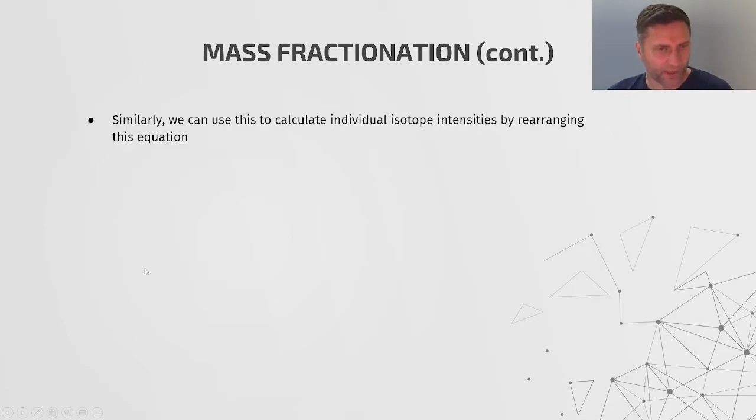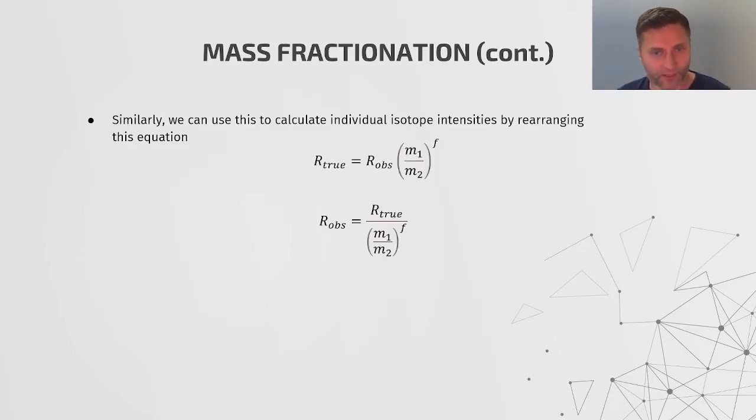Similarly, we can use this fractionation value that's calculated based on our reference materials and known ratios to calculate the interference of one isotope on another, taking into account mass fractionation. So again, looking at that equation, we can rearrange it so that we're looking at the observed ratio instead of the true ratio or the fractionation factor.